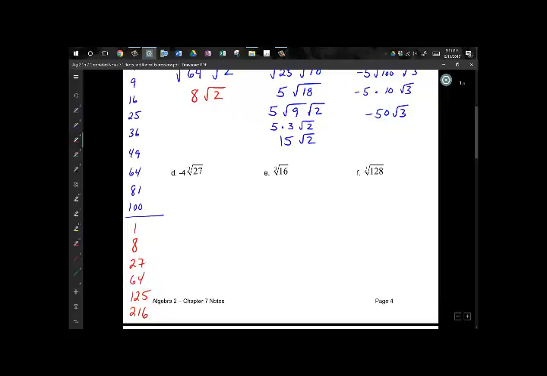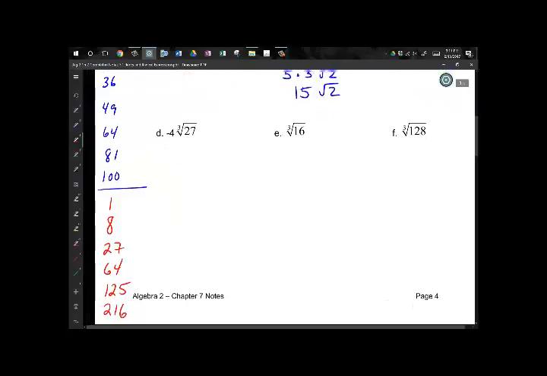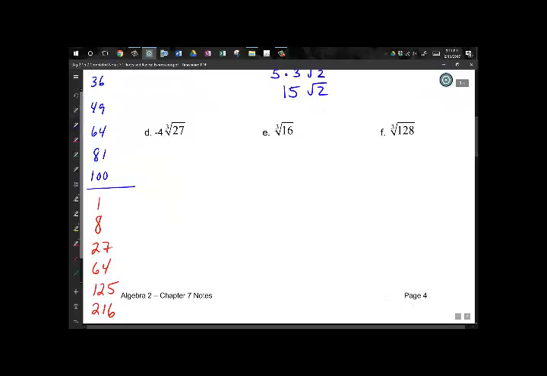As we look at 27, we can very quickly identify the fact that 27 is a perfect cube, and so the cubed root of 27 is 3, and so my answer is merely going to be negative 12.